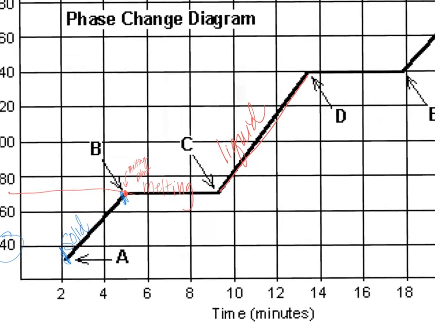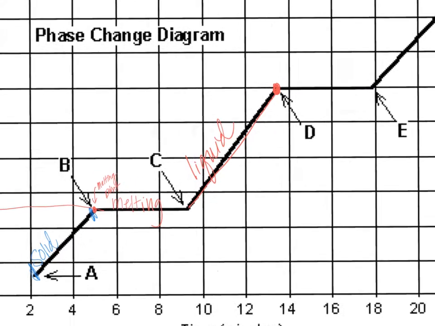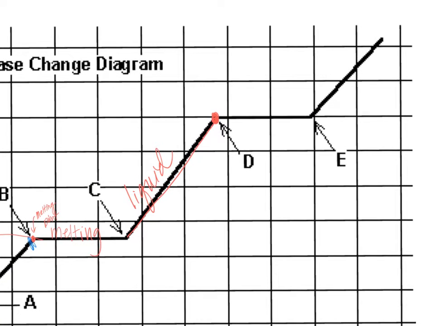The molecules start moving and increasing more and building more speed and moving more around. And then at this point right here at point D, we call that the evaporation point, or the point where it becomes a gas, and now it continues to evaporate, where it's moving from a liquid into a gas.